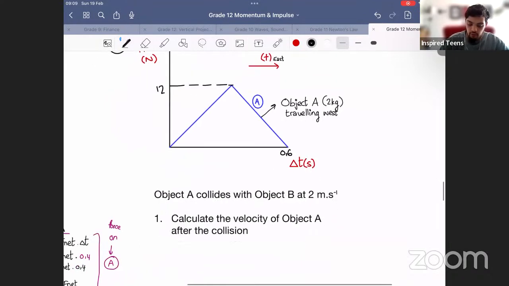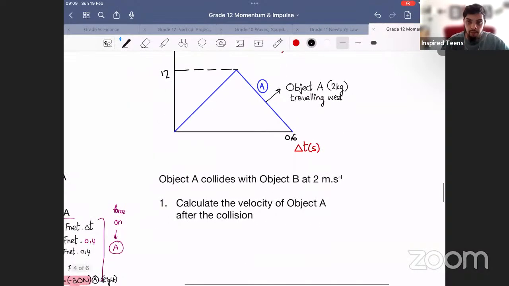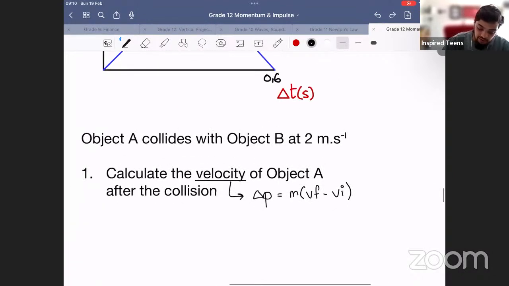So if they want us to calculate the velocity of object A after the collision, remember in momentum, the formula with velocity, with impulse, is delta P is equal to m times (V final minus V initial). After the collision is V final, so we are calculating V final.